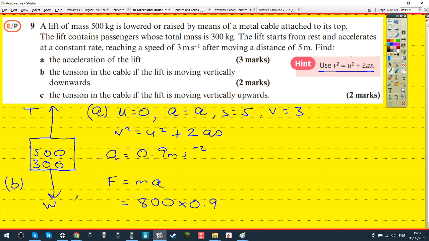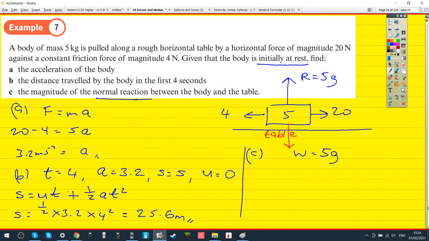And so what is the weight? The weight is 800. Oh no, the weight's in newtons, isn't it? What was weight for this one? 49 newtons. Simpler than that.